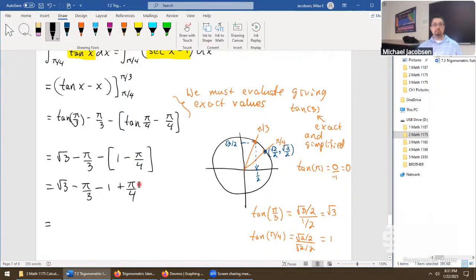If you ended it here, no harm done, but I think most people would want to go for adding the fractions together. So we have root 3 minus 1, and now let's do something in the scratch. We have from pi over 4, that's 3 pi over 12, minus pi over 3, but that's minus 4 pi over 12. That's enough to tell us that those combine to negative pi 12ths.